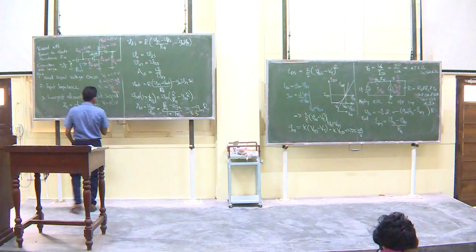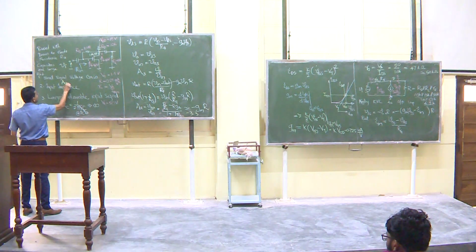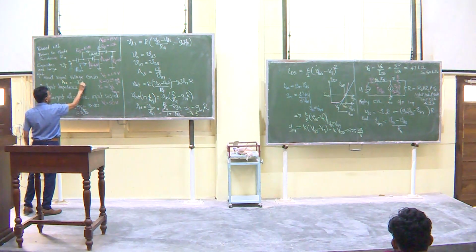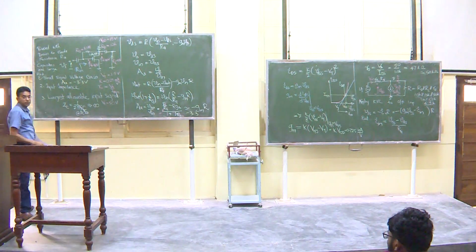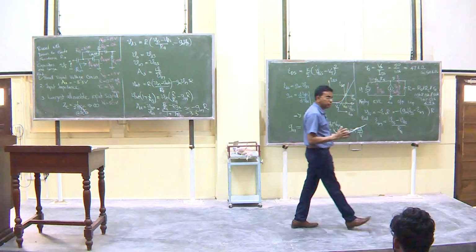So the small signal voltage gain AV is equal to minus 3.3. So that's done. Not hard, right? Everything was very simple.